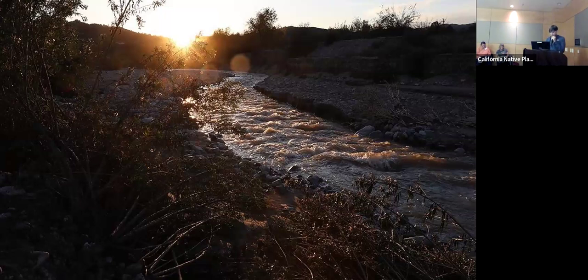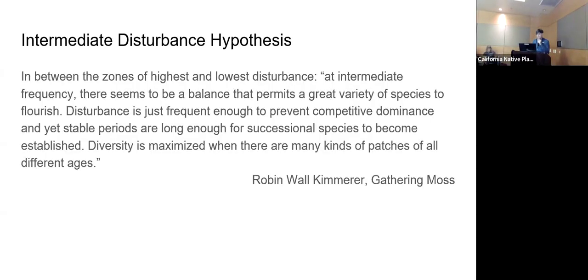The stream carving through all of the gravel and rocky material. So basically, that was our quick tour through the plants of the alluvial sage scrub and some of the elements that create that.